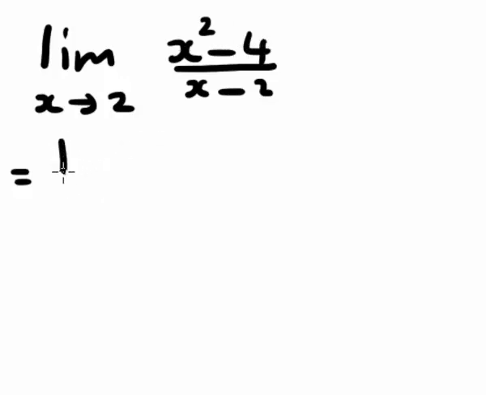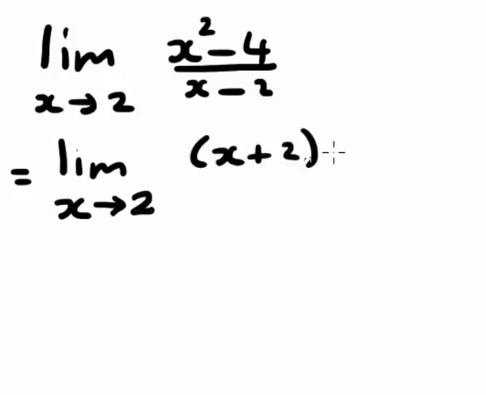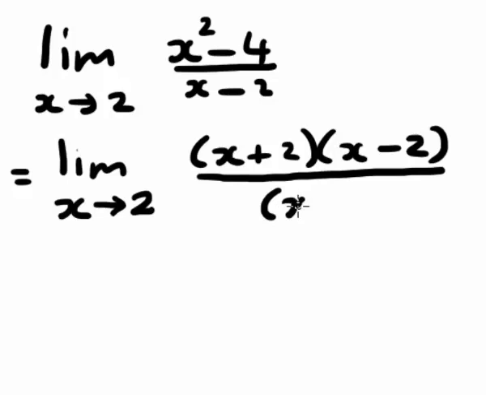So I keep my limit. I'm not yet substituting in. So x approaches 2. I then do a difference of 2 squares. x squared minus 4 can be factorized as (x plus 2)(x minus 2), all divided by (x minus 2). Now these will cancel.